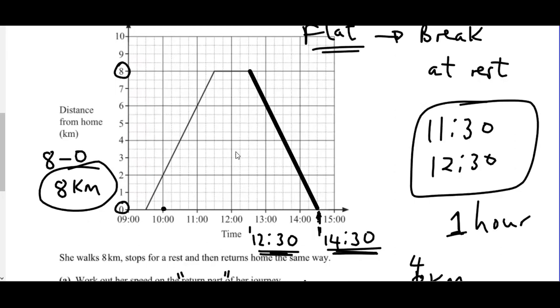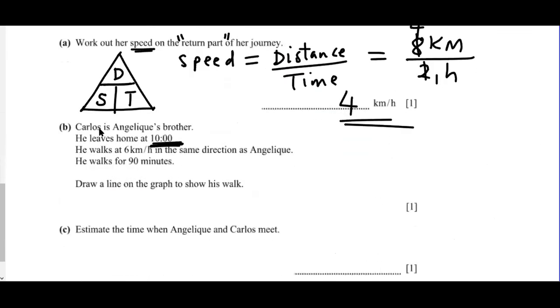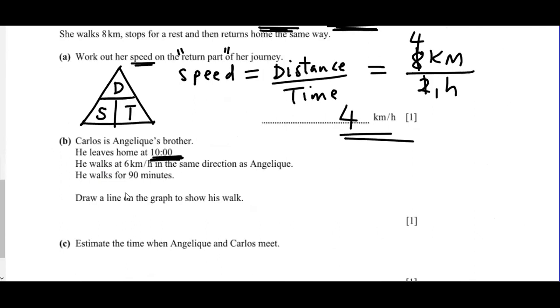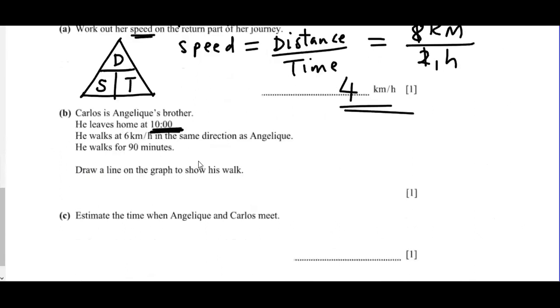And then what is happening there is that Carlos is Angelique's brother. He leaves home at 10 o'clock. He walks at a speed of 8 kilometers per hour in the same direction as Angelique. He walks for 90 minutes.